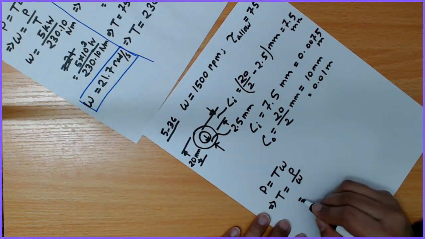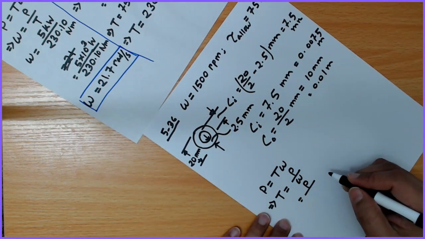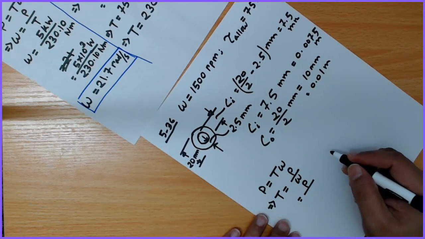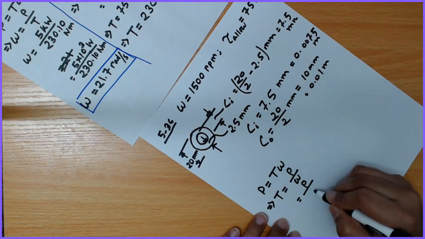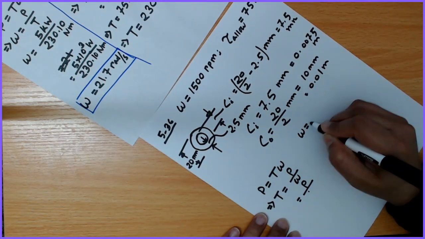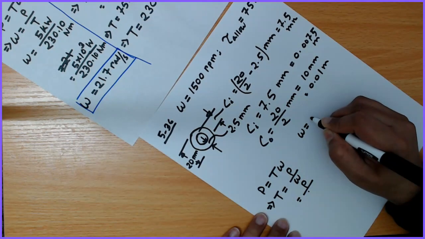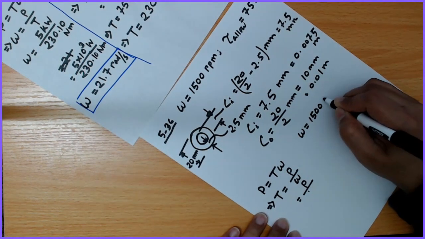We don't know the P; actually P we need to find out. Omega is equal to 1500 RPM.